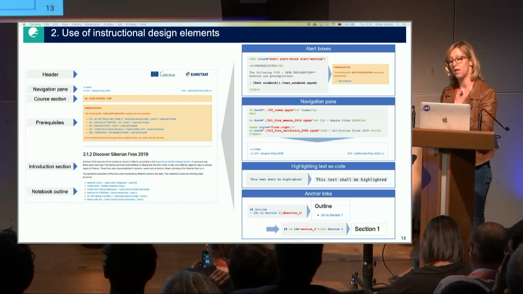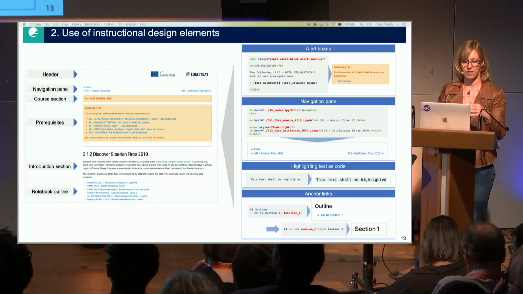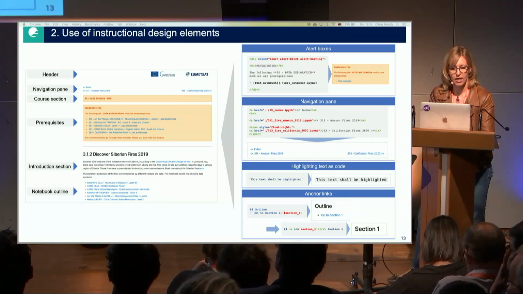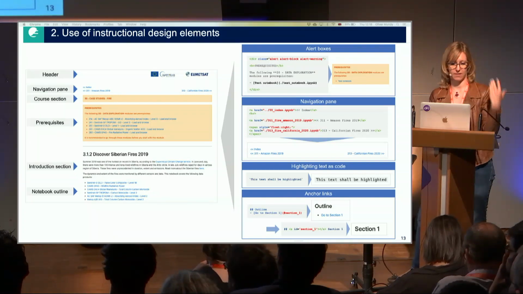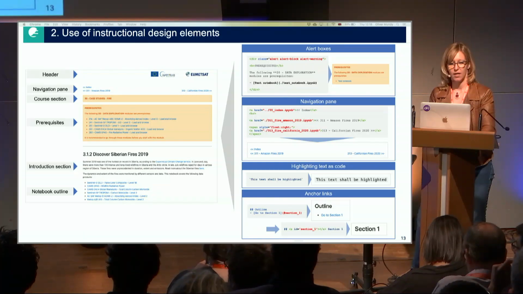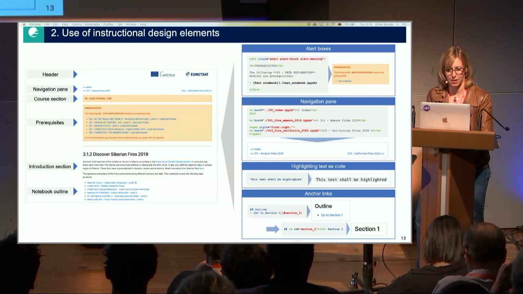So this is an introductory or explorative notebook, and then we also link case studies where this data is used. We have an outline, so if someone is only interested in the third part, they can directly jump there, and this is helpful to navigate.